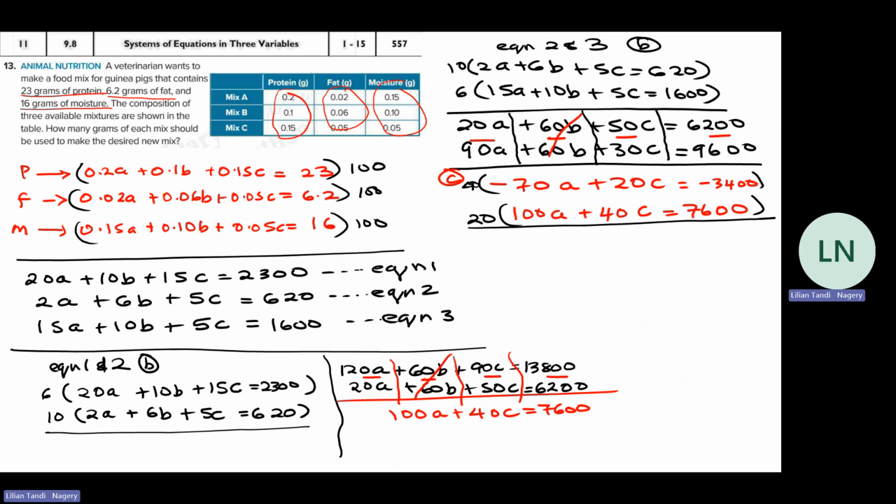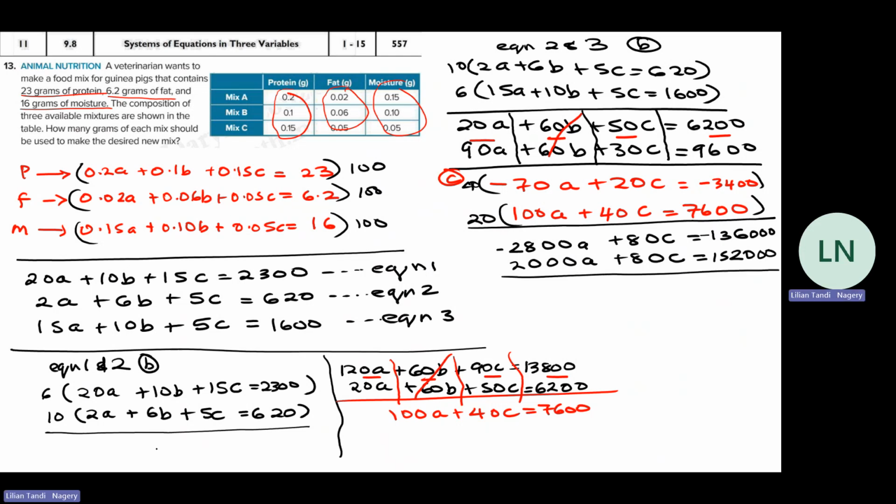So my new equations will be negative 2800a plus 80c equals negative 136,000, and this one will be 4000a plus 80c equals 152,000.